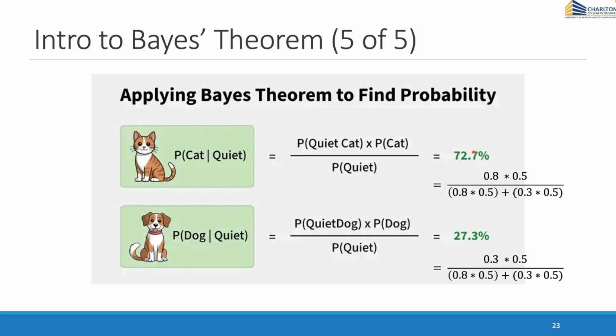That results in 72.7%. Same thing for the dog. We have the probability of quiet pet, given that it's dog, multiplied by the probability of dog, 30% of the dog, divided by the total probability of being quiet. Either it's a cat, 80% of cat, or it's a dog, 30% of the dog.